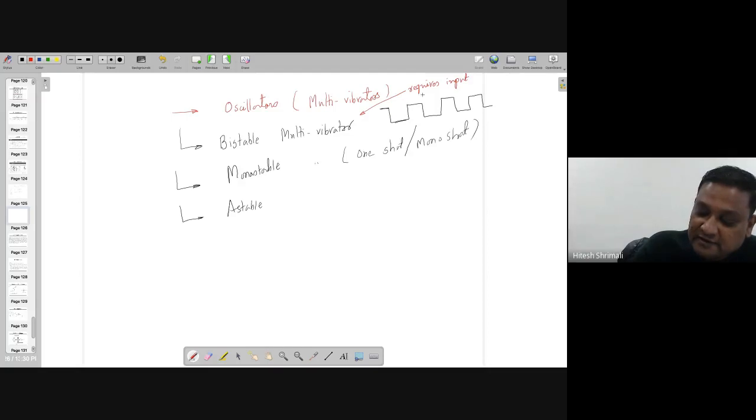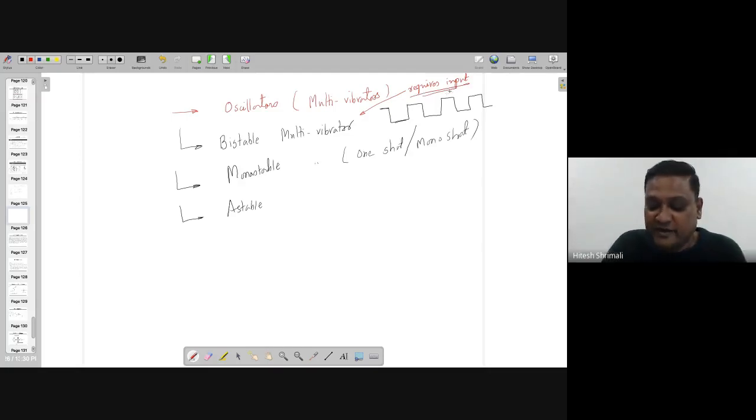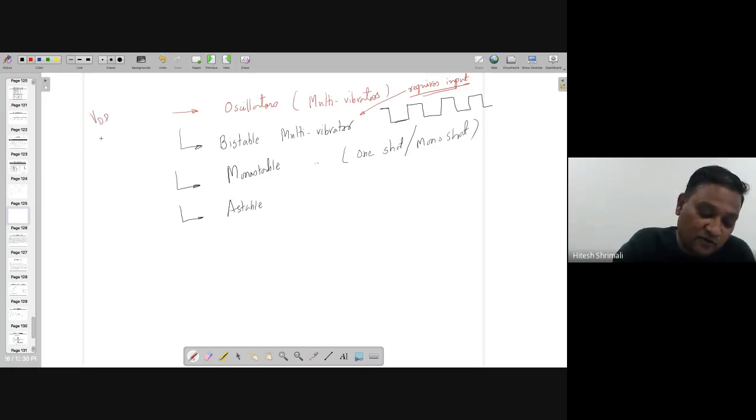When I'm saying input, it does not mean VDD and ground. Of course, all these circuits require VDD and ground. Without power supply, these circuits do not work.